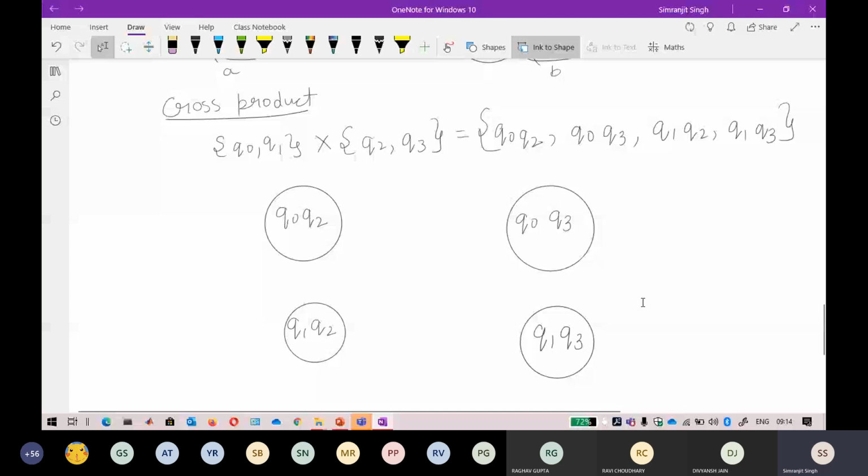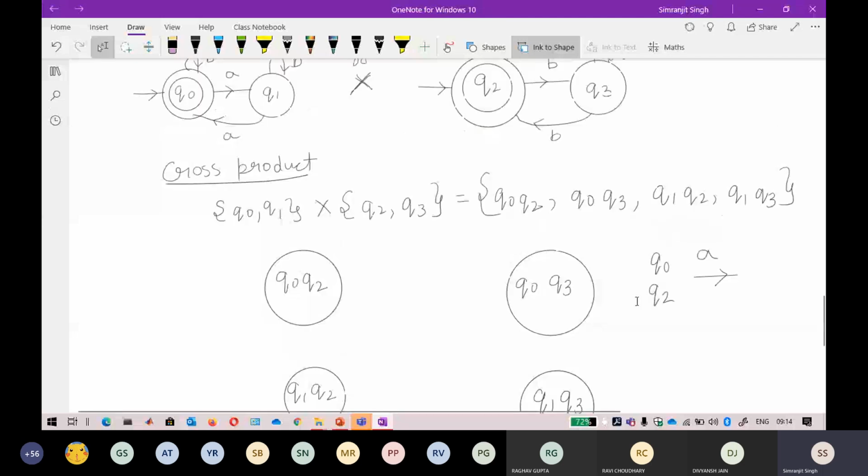Again, look for this Q0 and Q2. Q0 and Q2 on receiving an input of A is going where? You have to now get back to the automata that you have designed previously.